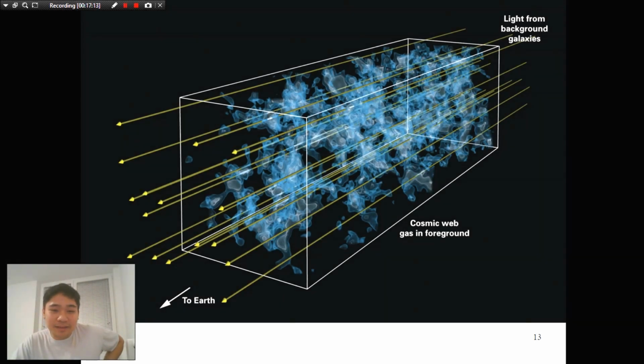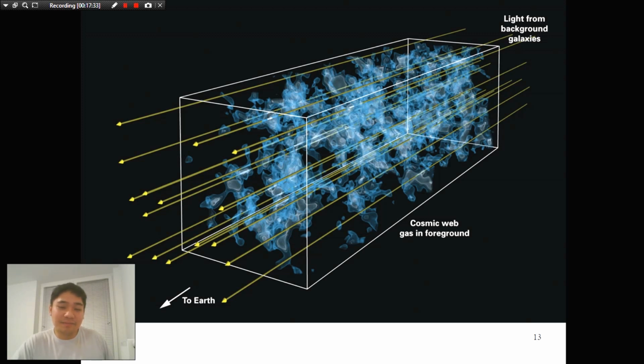Actually, I obtained this from an article about the Lyman alpha forest, but they use the same method. There is an FRB here, going to the earth. You will get one DM, right?